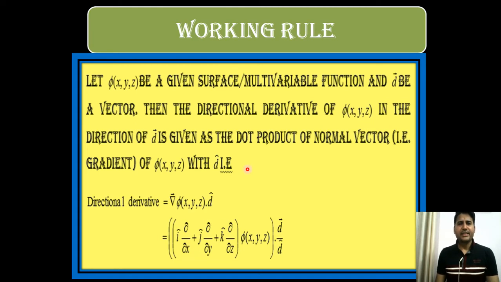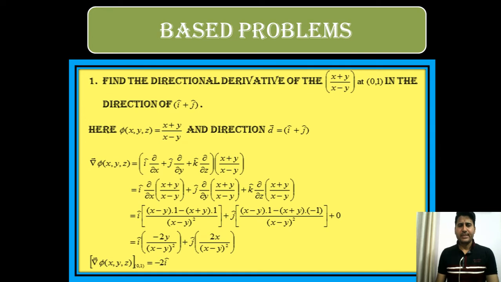After these two things, we will find del phi, that is the gradient. Then after that, we will take the dot product of del phi with d cap. Remember, d cap is the unit vector here, which is defined as vector d over the magnitude of vector d. Let us see how a problem comes from this concept.